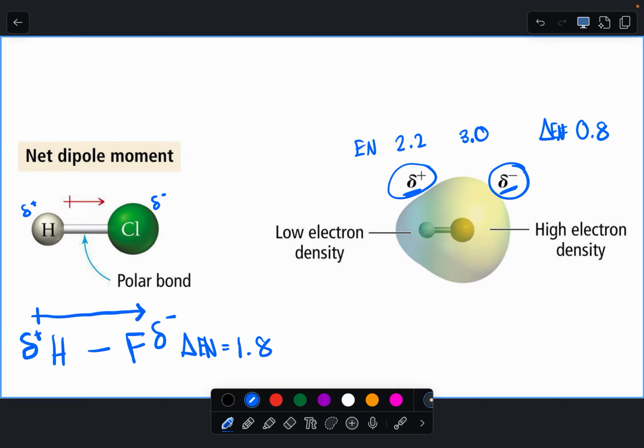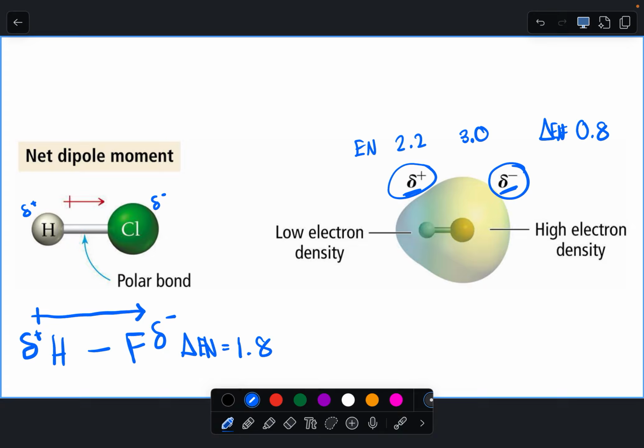Okay, what I want you guys to think of, I'm like 20 years in, I'm still perfecting how to explain this. So what I want you to think of when you think of polarity, like a polar bond in this case, is, in the fight for the electrons, is there a clear winner? Okay? In the fight for the electrons here, the chlorine is a clear winner.